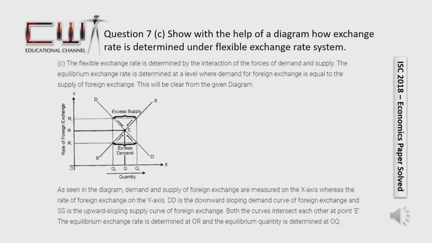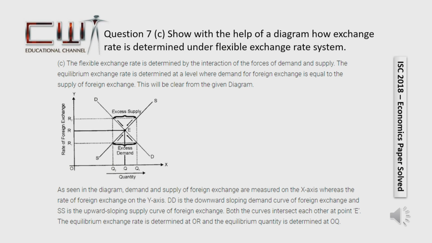On the y-axis, we take the rate of foreign exchange, and on the x-axis, we take the quantity of foreign exchange. DD is the demand curve and SS is the supply curve, and they both intersect at point E, which is the equilibrium level. R is the equilibrium price and Q is the equilibrium quantity.